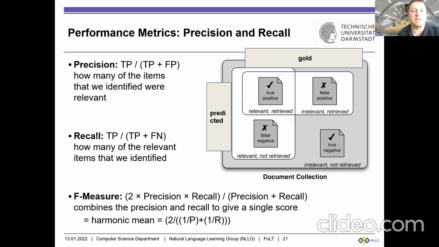Whereas the harmonic mean has the property that it is closer to the minimum, which then means that you cannot easily trade off one of those measures for the other. For example, with the arithmetic mean, you could be very good on precision and then make up for a very bad recall. With a harmonic mean, you can't do this.